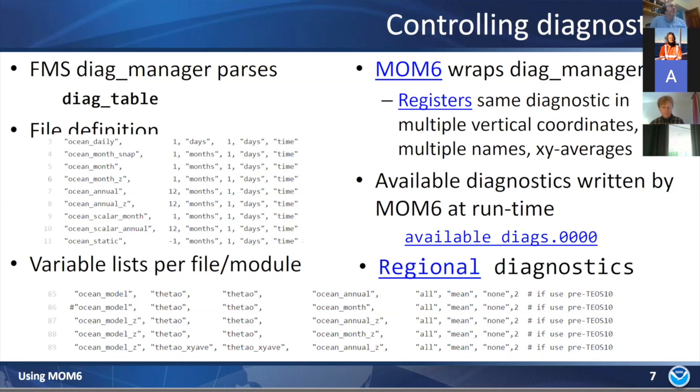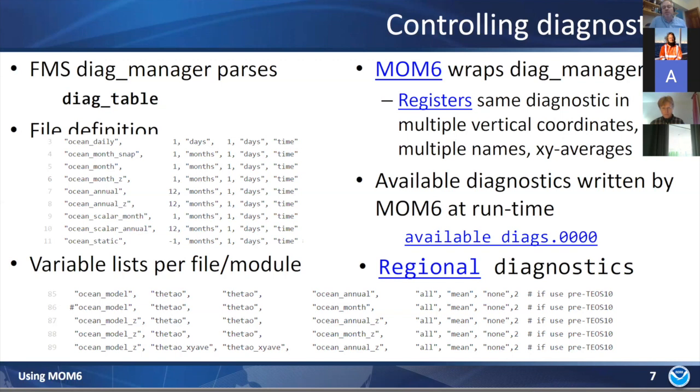And one reason we chose this is because the diagnostics are a function both of the configuration of the model, whether you are using general vertical coordinates or stacked shallow water layer mode, but also because you can turn on all of these arbitrary coordinate diagnostics. You can do diagnostics in density space or diagnostics in z coordinates, and so the diagnostics that are available are simply a function of the model configuration and differ between experiments.